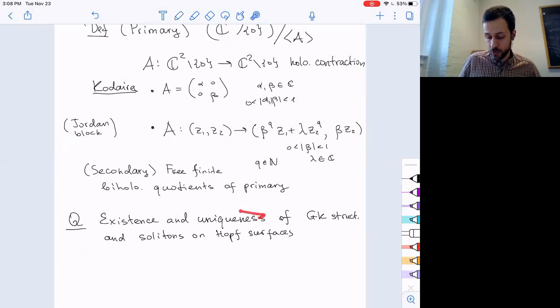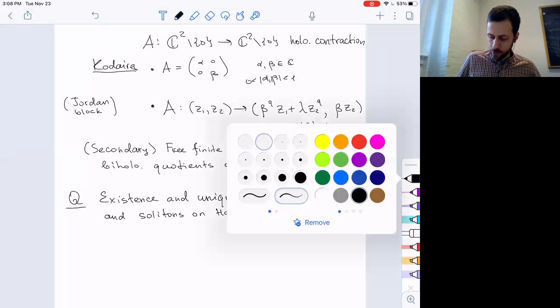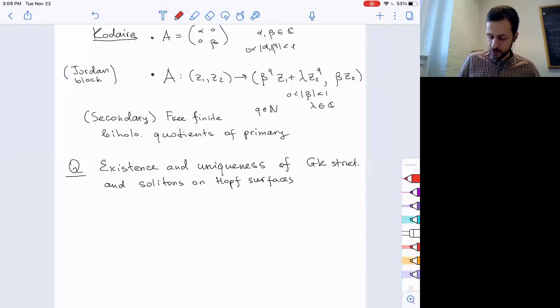Well, clearly there is no uniqueness of just generalized Kähler structures because you can deform those. But the uniqueness of solitons makes sense in the appropriate formulation. You really have two types of generalized Kähler structure in dimension 4.